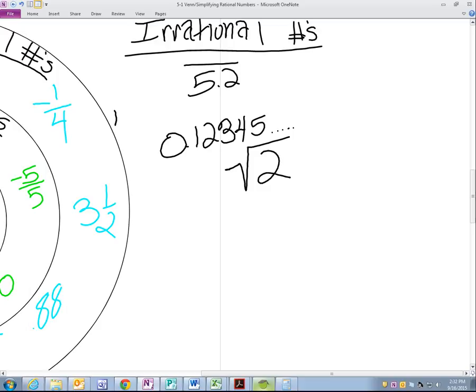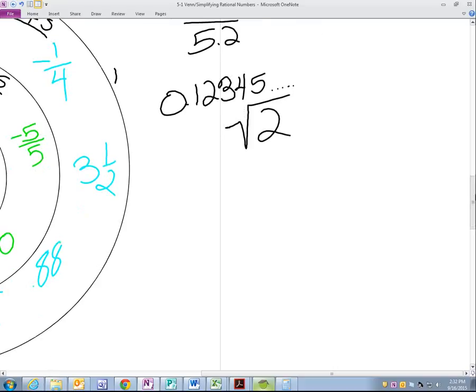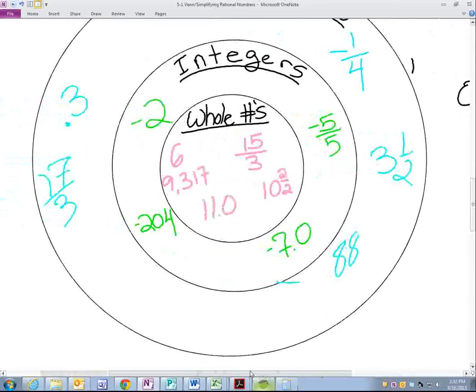The square root of 16 is 4, because 4 times 4 is 16. So these guys are opposites of each other. So those are the way that this works.